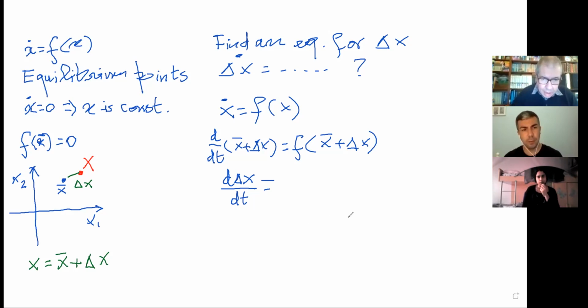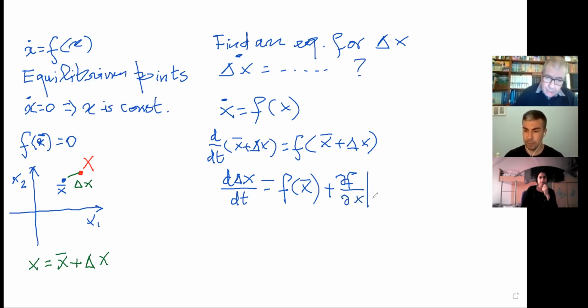It's f computed at x bar, plus the partial derivative of f with respect to x computed at x equal to x bar, times delta x, and then plus other terms. So this is just the first two terms.